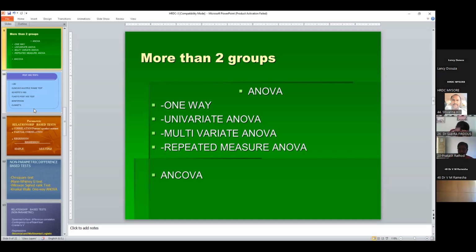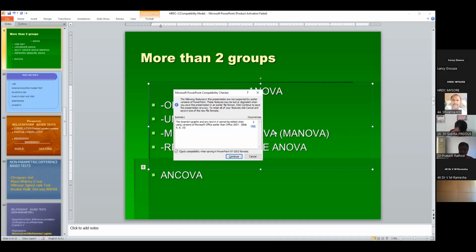Then you have multivariate ANOVA, sometimes referred to as MANOVA. The idea is you have several dependent variables versus several independent variables.